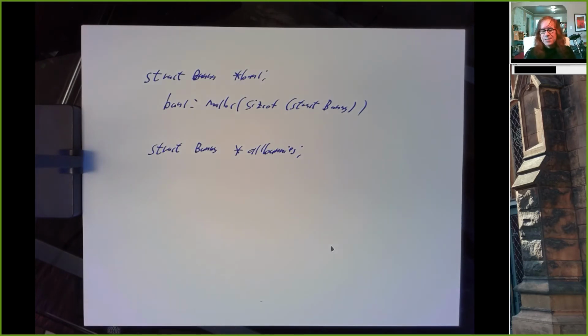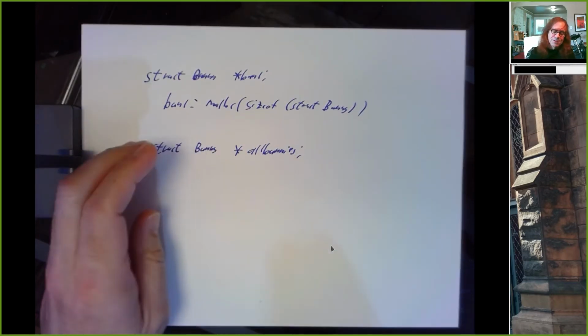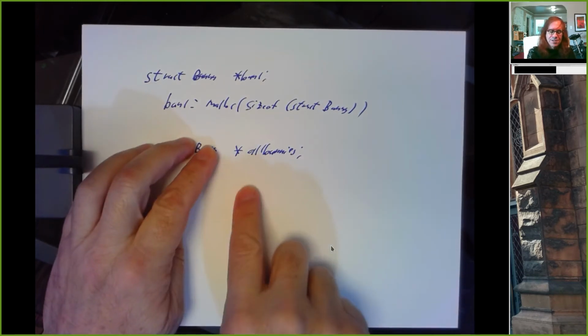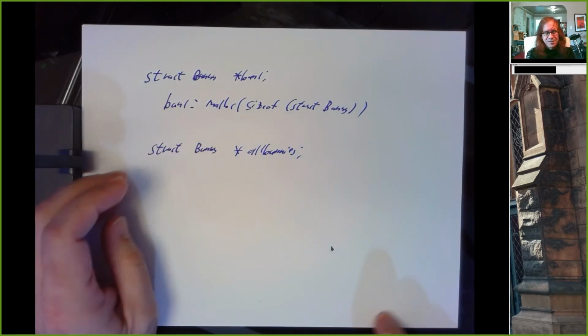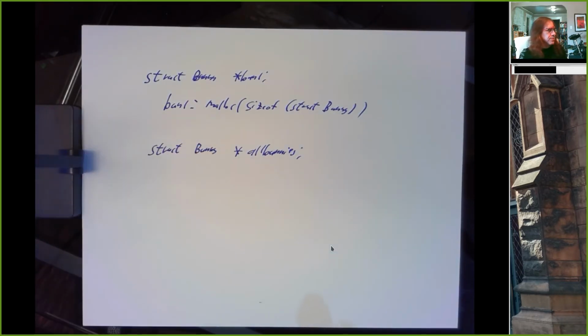That's what an array is. If you want an array of ints, it's int star all bunnies. If you want an array of doubles, it's double star all bunnies. If you want a string, an array of characters, it's char star all bunnies. If you want an array of struct bunnies, it's struct bunny star all bunnies. It declares an array, but it doesn't say what the size of it is.